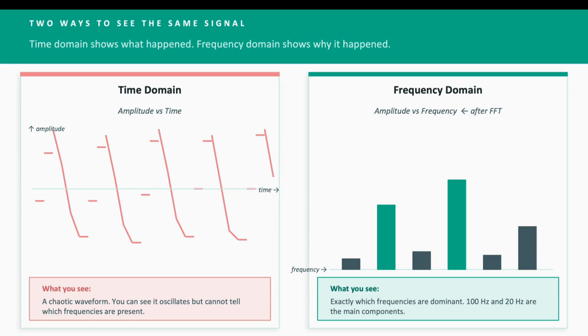The FFT is the mathematical bridge between these 2 views. It takes you from the time domain to the frequency domain. It answers the question: given this complex waveform, which pure sine waves would you need to add together to recreate it? Time domain shows you what happened, frequency domain shows you why.